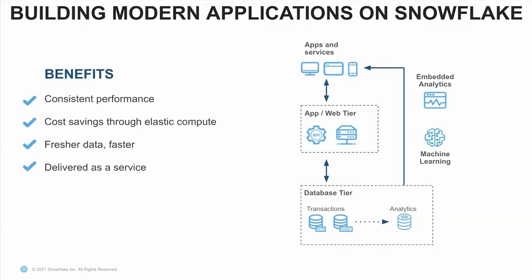When you do this, you get consistent performance, again back to our scale out capability, as well as our workload isolation. You get great cost savings because you're only paying for those resources when they're up and running versus having to over provision a system that's underutilized for the majority of the time that it's up and running.